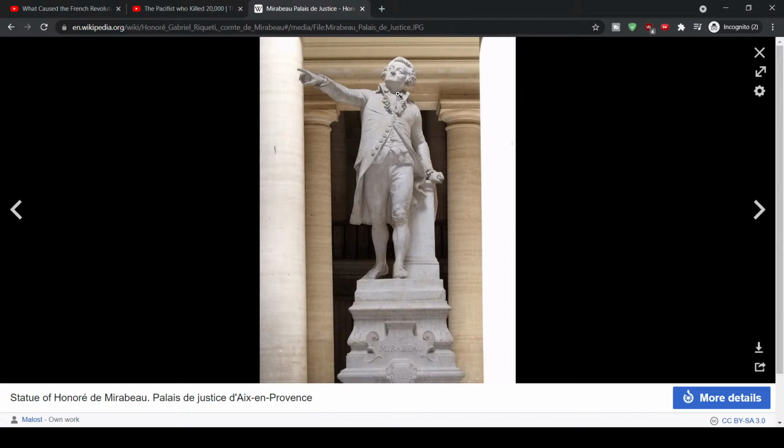But B, this is one of the French government chambers, the Palais de Justice d'Aix-en-Provence, which makes it sound like a court of some kind. I thought it was a Senate chamber.